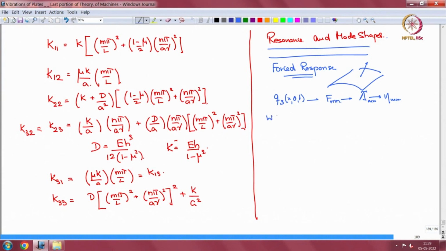So you get your w, which is a summation, etc. With this I close the forced response section.